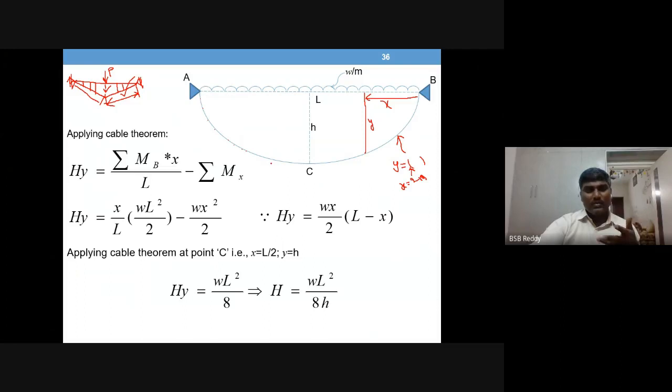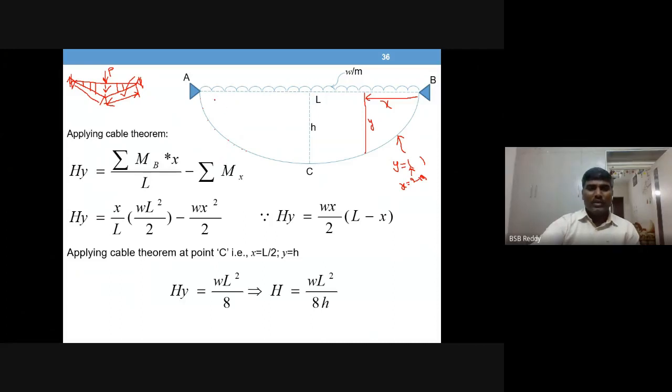You can't solve all those values, right? Whereas when you compare this with point loads, you have only a limited number of tensile forces, maybe three, maybe four, or maybe five. Whereas here there are an infinite number of tensile forces.